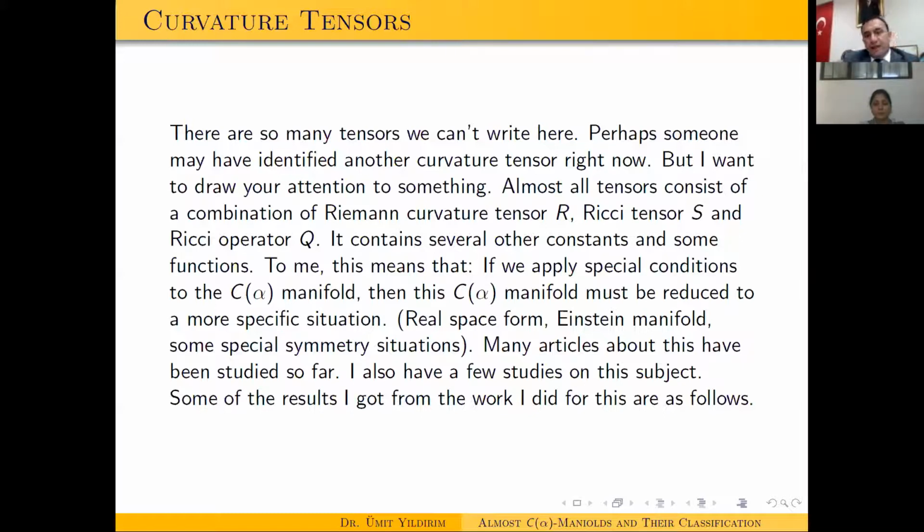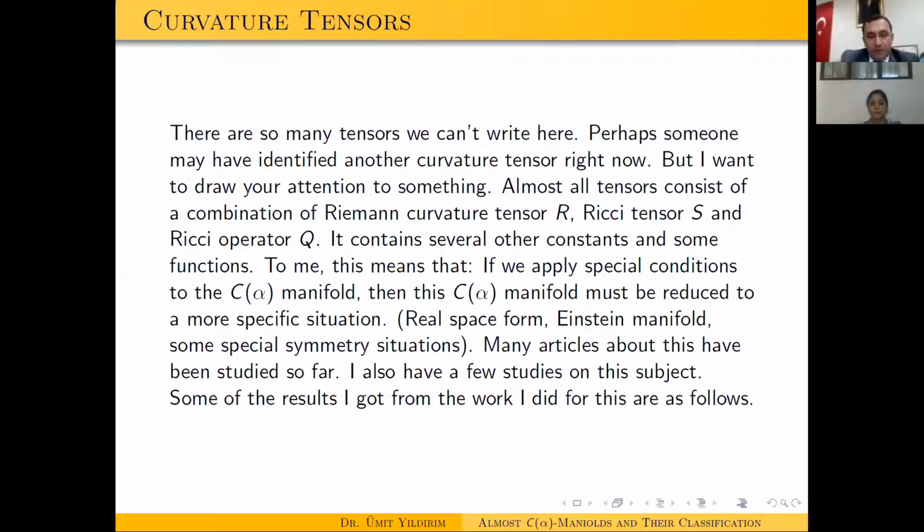This means that if we apply special conditions to almost C-alpha manifolds, they must reduce to a more specific state, for example real space form, Einstein manifold, or some symmetric state. Many articles about this have been studied so far.